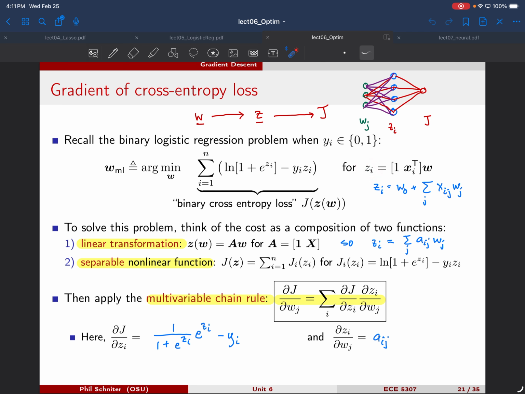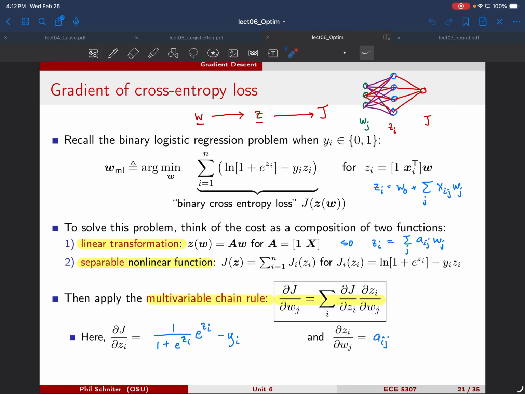And we can also write that kind of like this, where every score zi involves all of the weights. So what's complicated about this is that all these weights are sort of mixed together to get the scores, but what's simple about this is that it's linear.